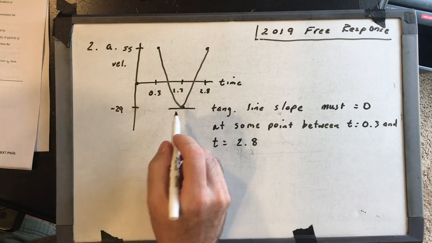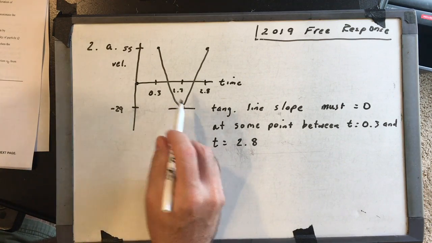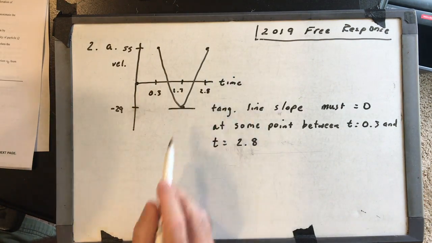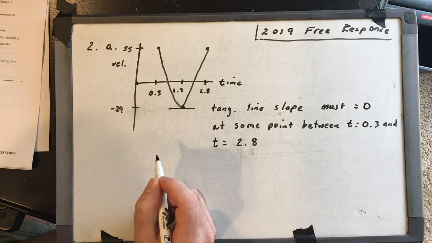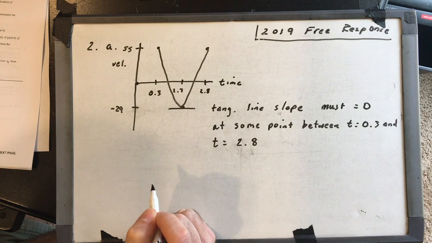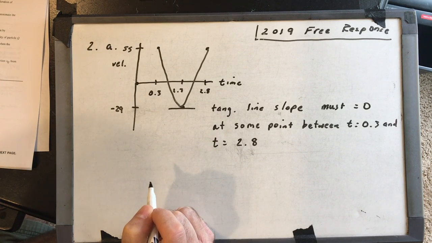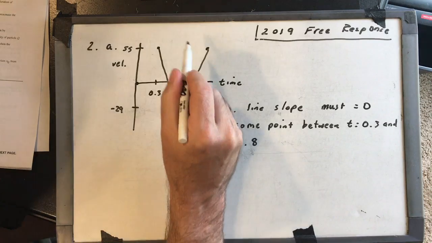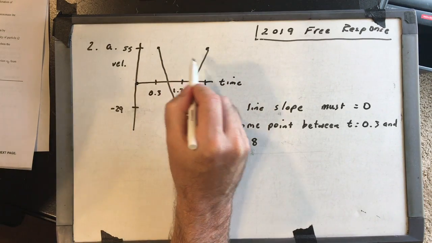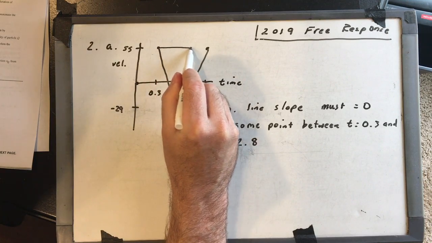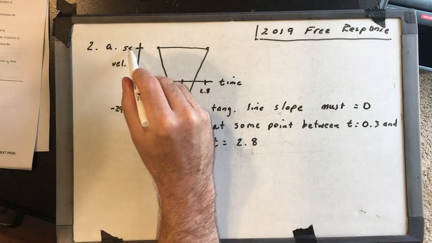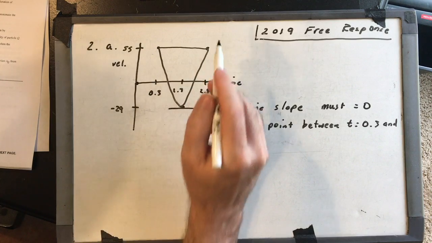It's got to be somewhere in between because it went from positive to negative back to positive again. You know that the slope of the secant line between 0.3 and 2.8 has to be 0, because you go from the same number to the same number again.